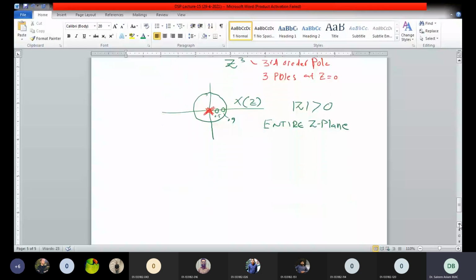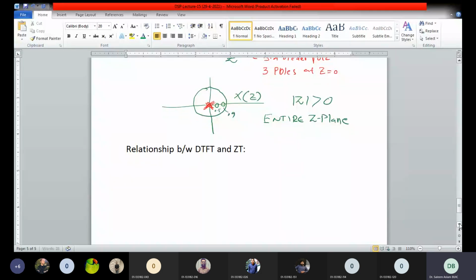Relationship between DTFT and Z. This is a standard relationship between Fourier transform and Z. And if we exploit them together, we will have a very nice outcome of this relationship.